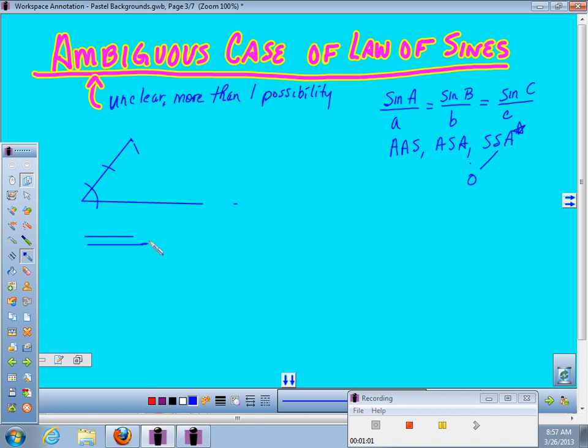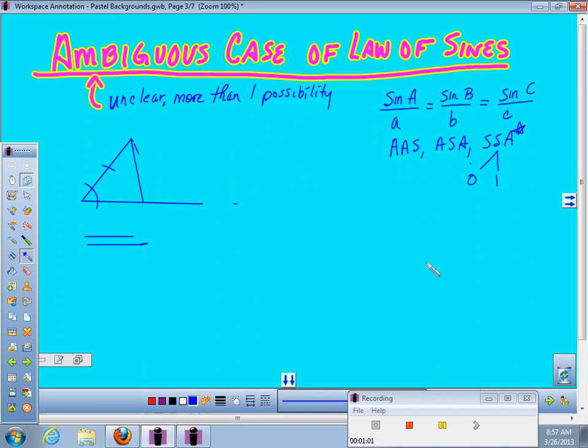If I go 6.5, I'm going to hit exactly once. It's going to form a triangle. That's going to be good. So sometimes side-side angle means you can have one triangle, like normal.